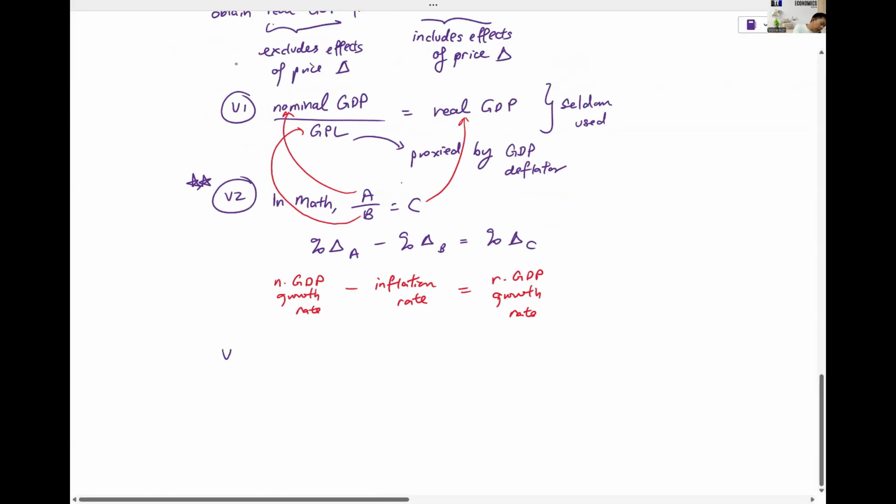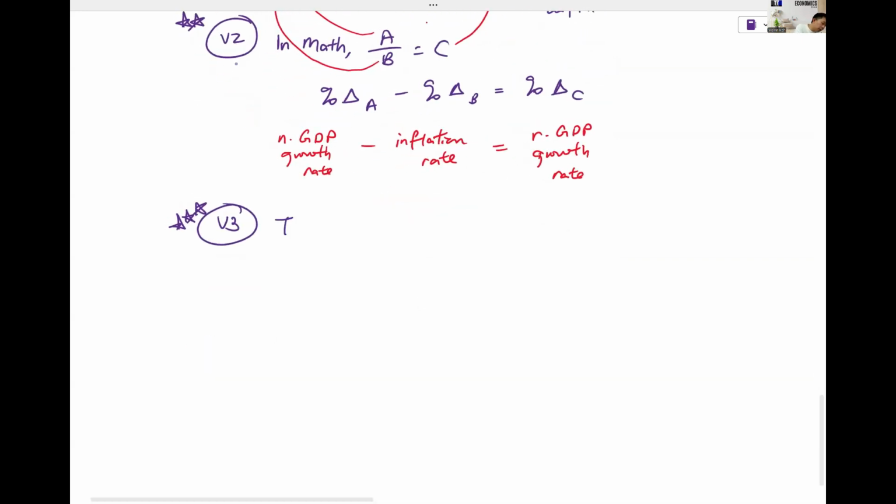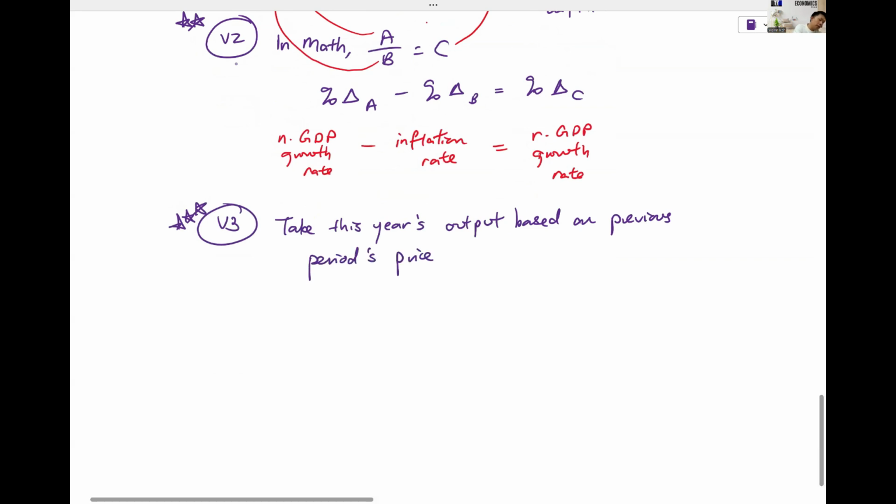The third one is the most common one, and that is to take this year's output based on a previous period's price. Remember, what we want to do is to remove the effects of price change.